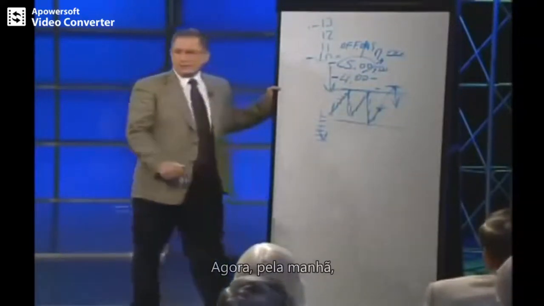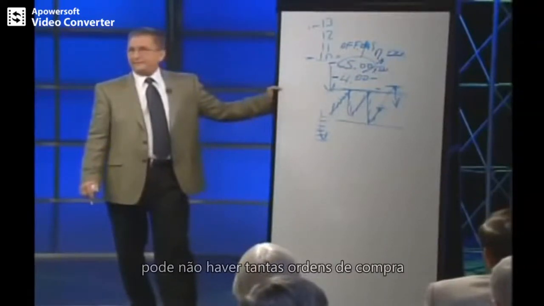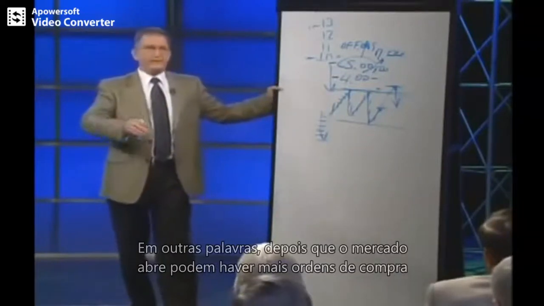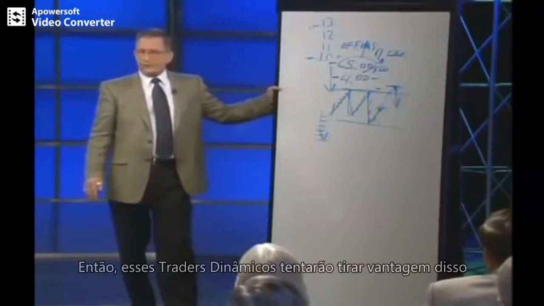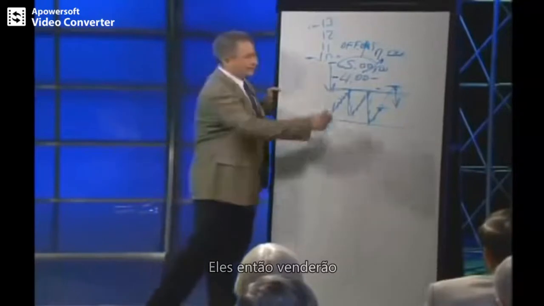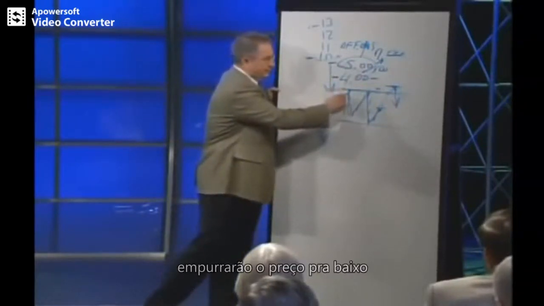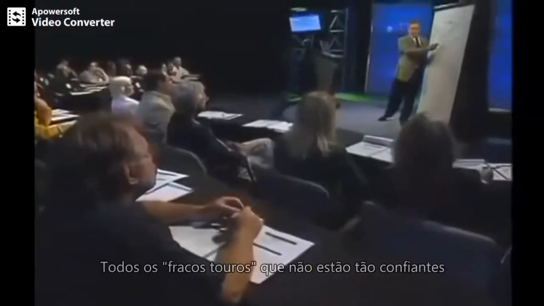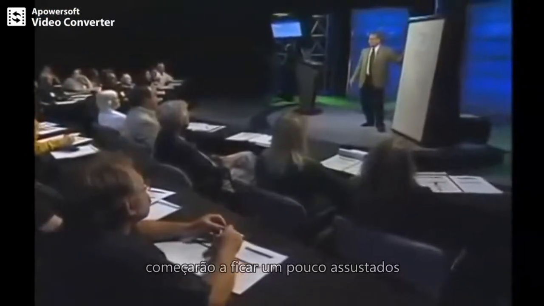Now, in the morning, before the market opens, there might not be that many bids. In other words, after the market opens, there'll be more bids that come into the market, but before the market opens, there might not be that many bids. So if there aren't, what these dynamic traders will do to take advantage of this is they'll hit those bids. In other words, they'll sell into those bids, drive the market down, and then when the market opens up, all of the weak longs, meaning people who aren't that confident, will start to get a little frightened.